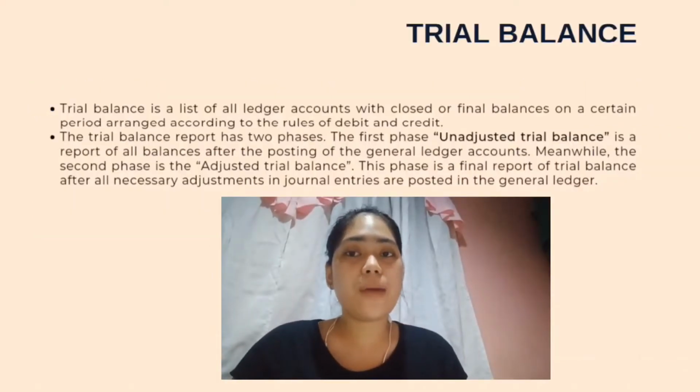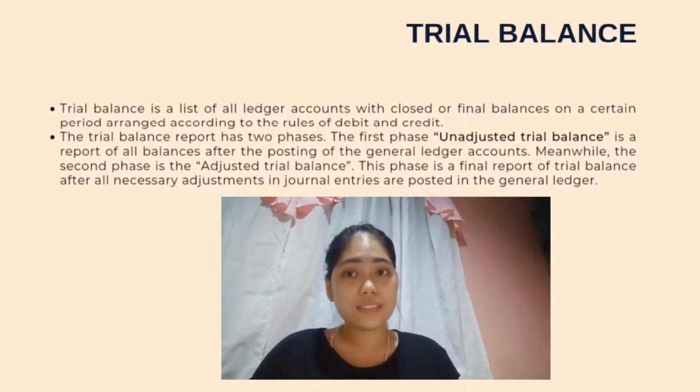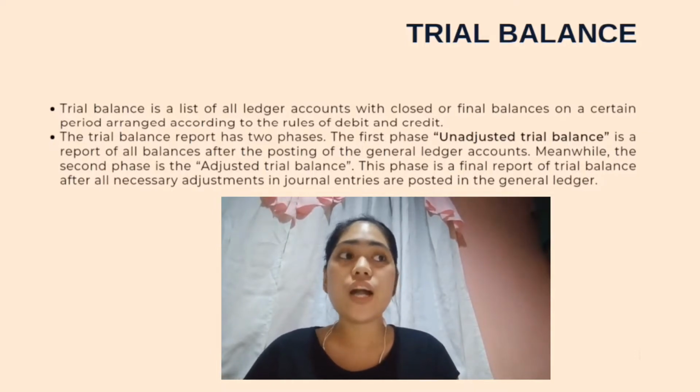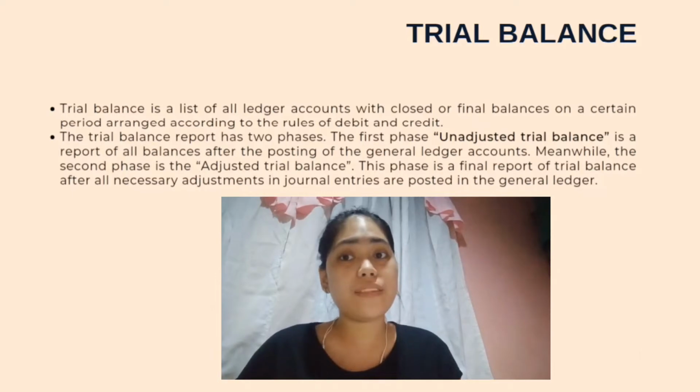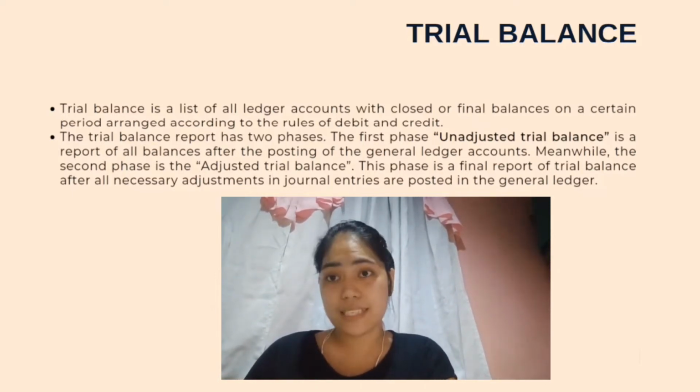Next to the rules of debit and credit, we have the trial balance. A trial balance is a list of all ledger accounts with closed or final balances in a certain period or range, according to the rules of debit and credit. The trial balance report has two phases.